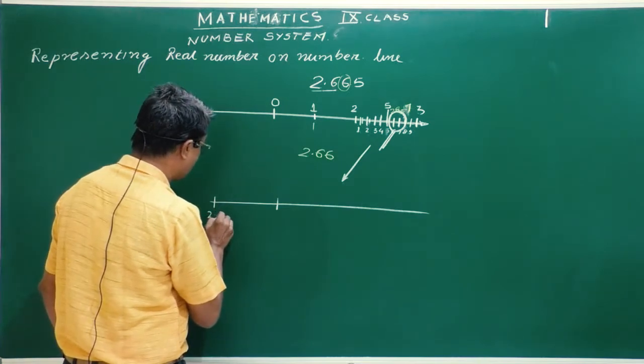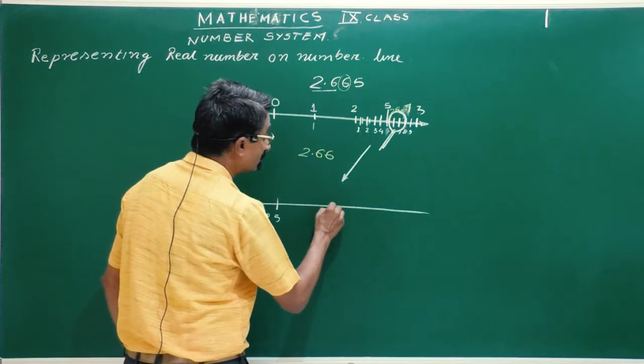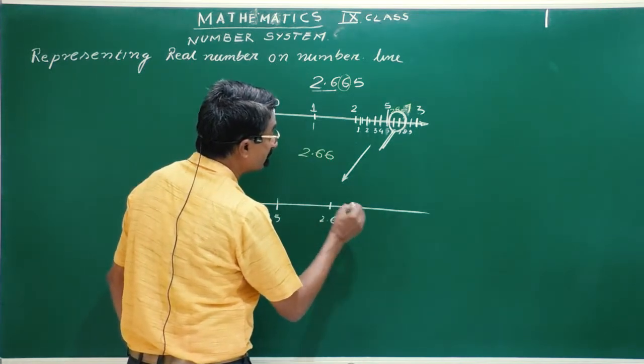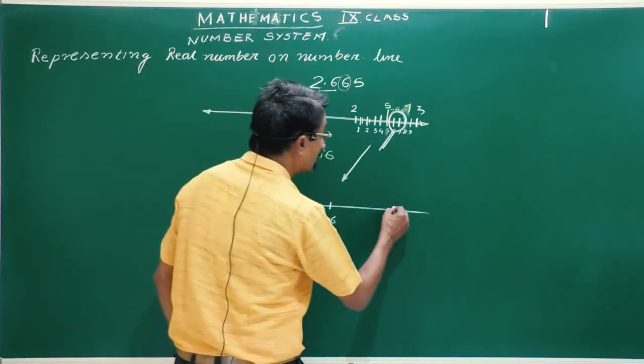Say this is 2.4, this is 2.5, this is 2.6, and this is 2.7.